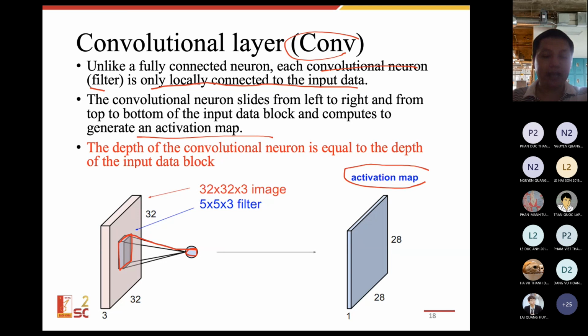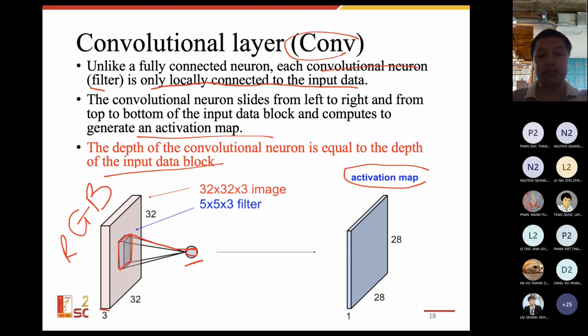In the example we have here, the input is a 3-channel image. Let's say it's an RGB JPEG, right? The size of the image is 32 by 32, and we have 3 channels: red, green, and blue. What it says here is that the depth of the filter equals the depth of the input data block.